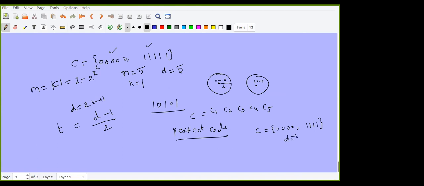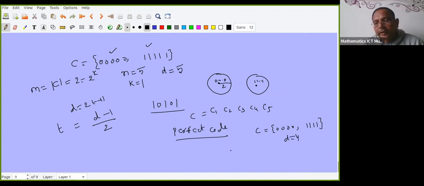Distance is 4. So what are the circles I have to make now? What is the circle radius? Again, 2 circles. There are 2 code words.